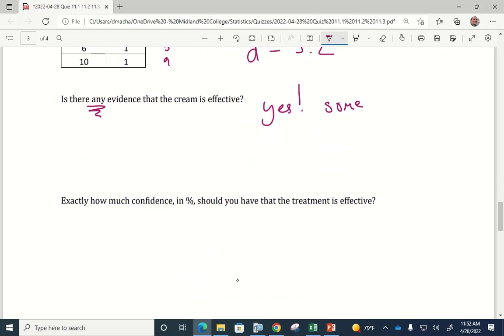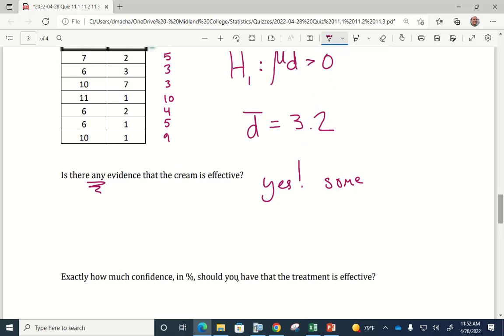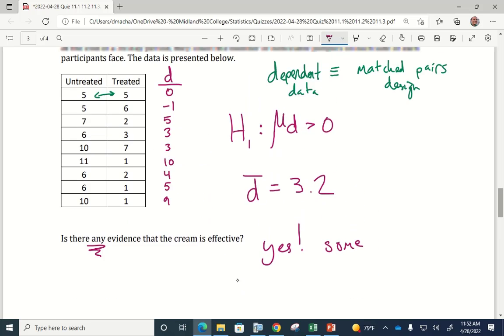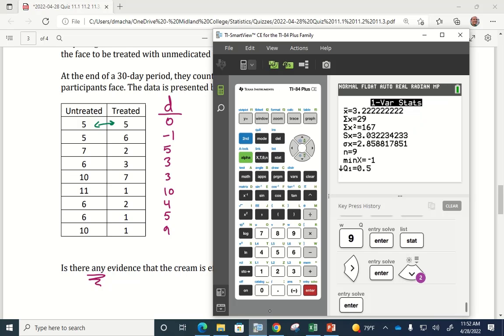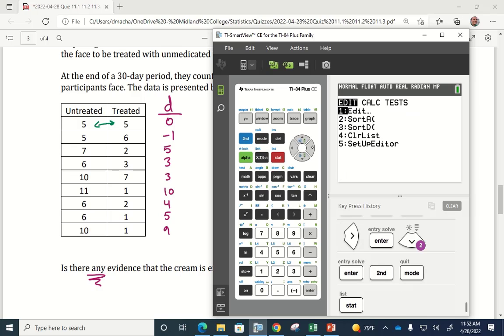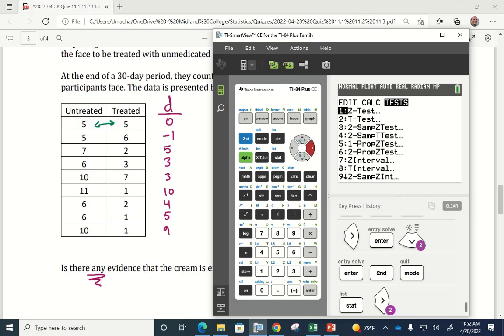The last question asks, well, second to last question, how much confidence should we have, right? So that's the whole point of a hypothesis test, is to determine that probability. We are comparing 2 population means, but since our data is dependent, we're actually just going to use the plain old number 2 t-test.